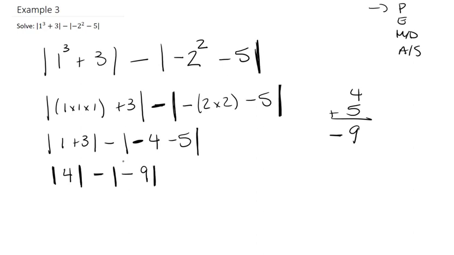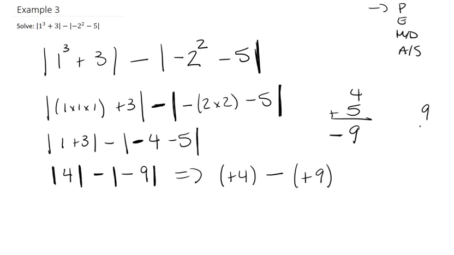Now, remember, anything inside the absolute value sign will become positive. So we really have positive 4, which is already positive, minus positive 9. So this problem has become 4 minus positive 9, or another way to look at this is 4 minus 9.